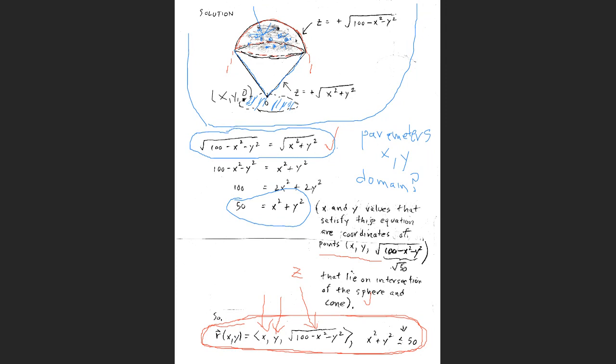Why does z have to be equal to the square root of 100 minus x squared minus y squared? Why is that? Because it's the top of the sphere.